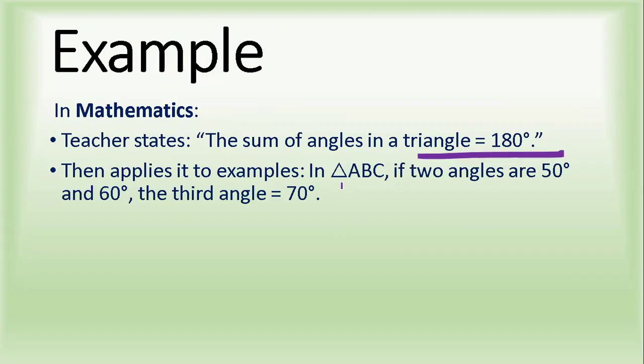In a triangle ABC, if two angles are 50 and 60, then the third angle will be 70 degrees.